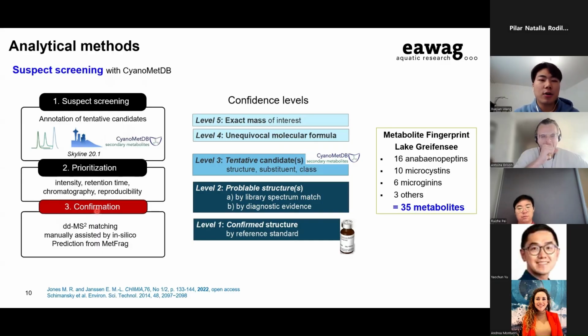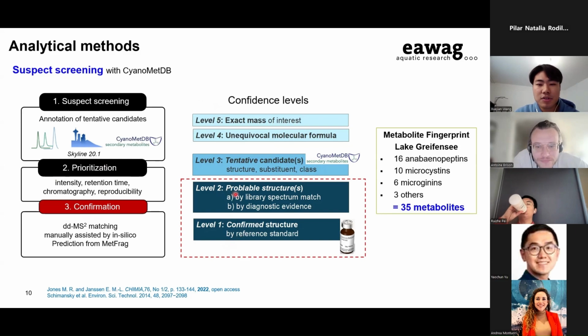Going through the whole process, I could see how confident I am with the metabolites that I defined. The highest level, called level 1, is where we have the reference standards, so we could confirm the structure and calculate the absolute concentration. Level 2 is probable structures, which means by checking their MS2 fragments, we could guess this very likely is the compound.